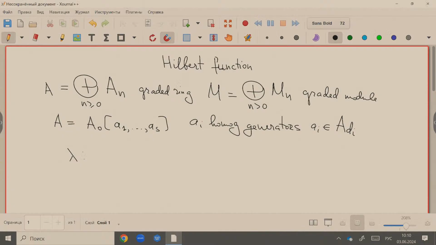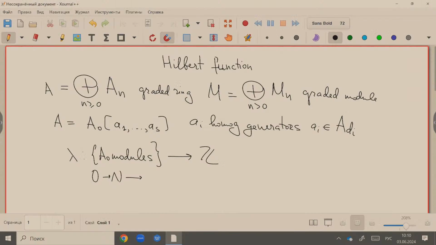so it is a function from A0 modules to Z, and such that it is additive on exact sequences. So if you know what is K-theory, then you can do the following.